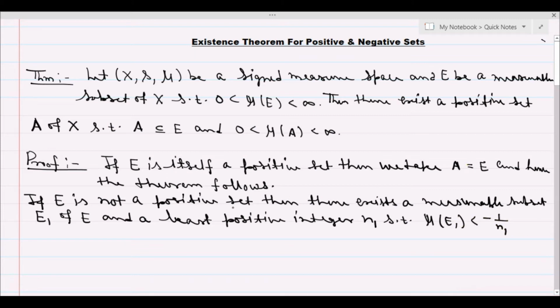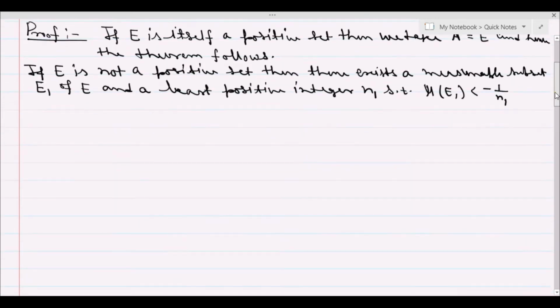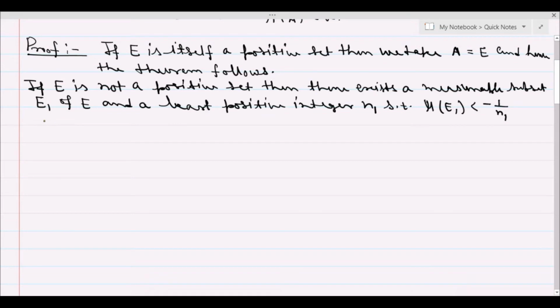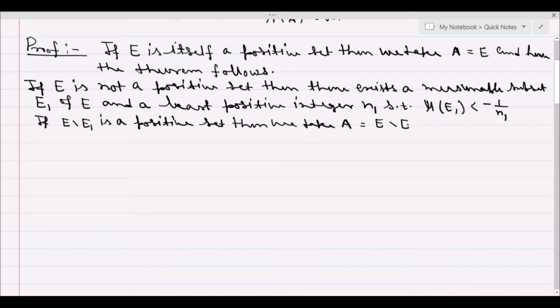Now if E minus E1 is a positive set, then we take A to be E minus E1.